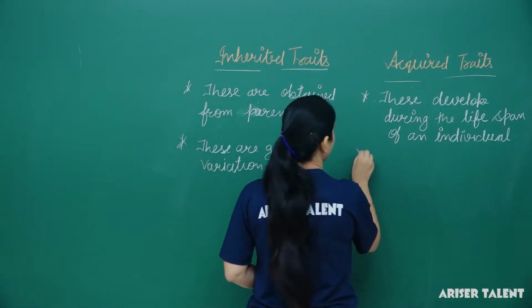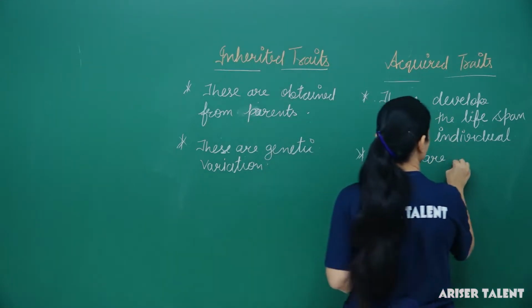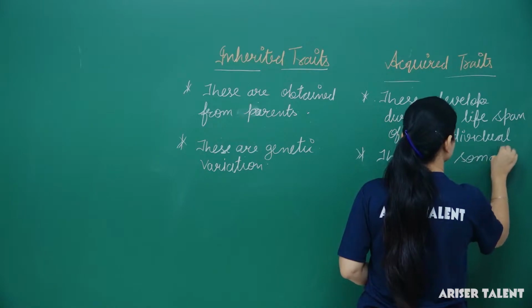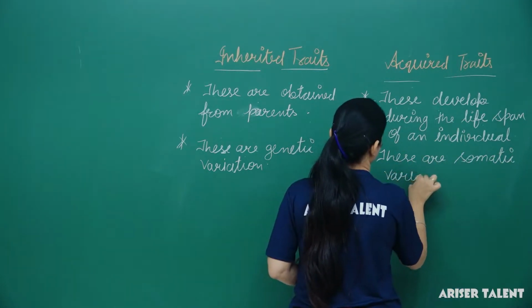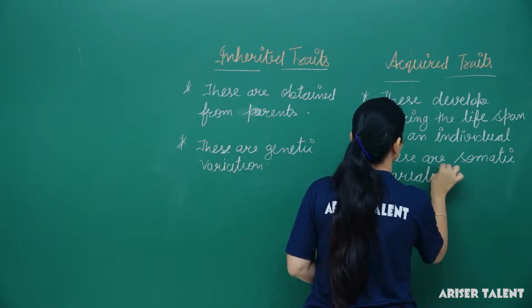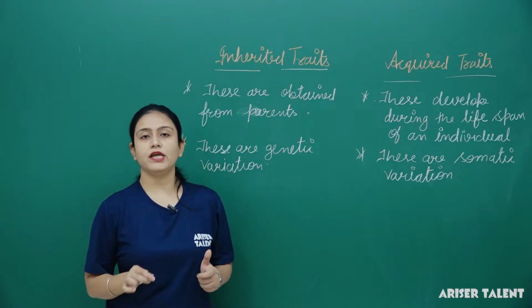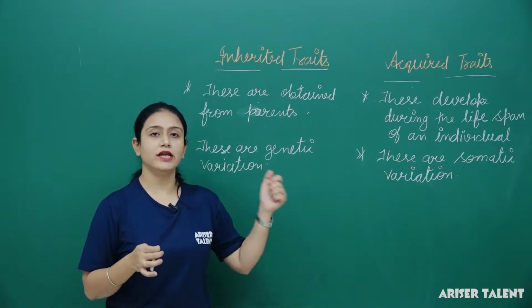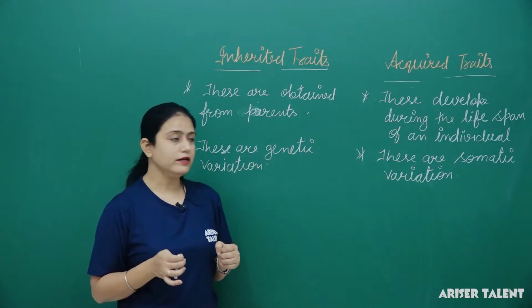Fine. Acquired traits are somatic variations. What are somatic variations? The variations which occur only in the physique. They are not inbuilt or found in the genes. So, these are known as acquired traits.